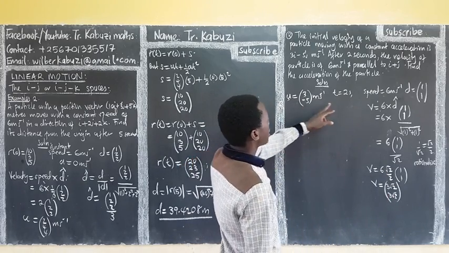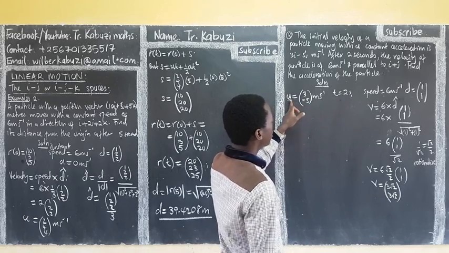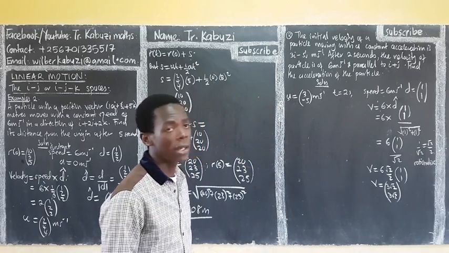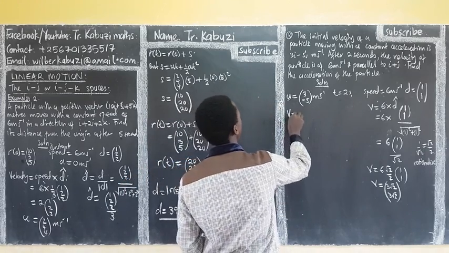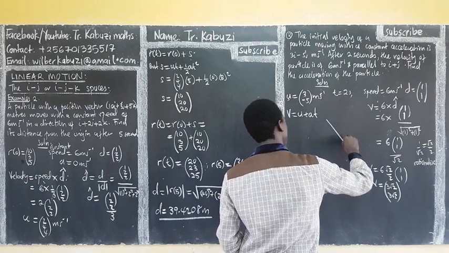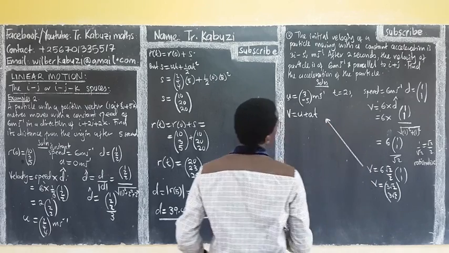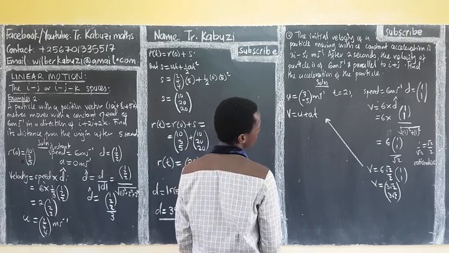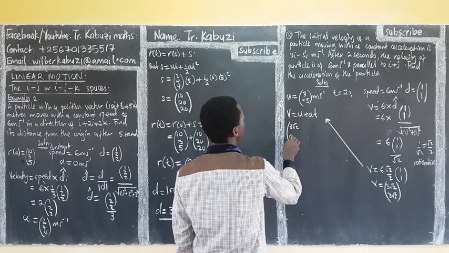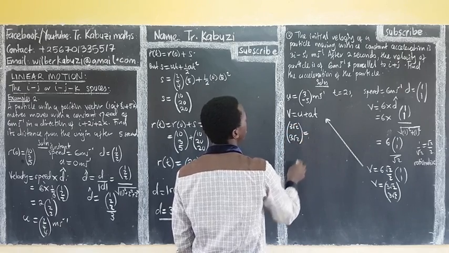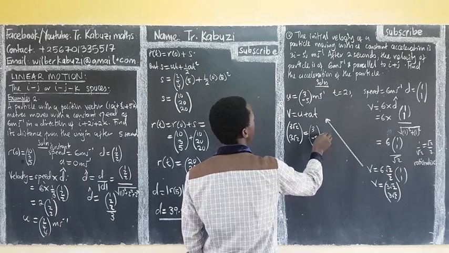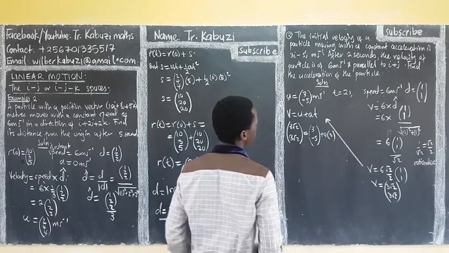So I have the initial velocity, I have the final velocity, I have the time. How can I get acceleration? Which equation can we use? We are going to say v is u plus at. So now we bring in these values. Our v, which is (3 root 2, 3 root 2), equals our initial, which is (3, negative 5), plus a times 2.